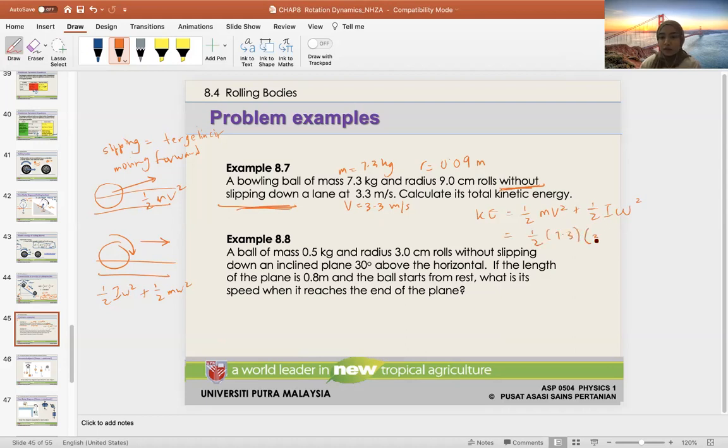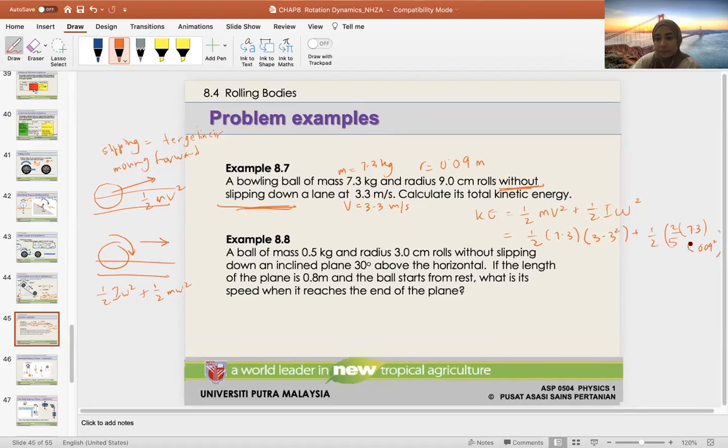So it's 1/2 m V squared, where V is 3.3 squared, plus 1/2 I omega squared. What is the I for a bowling ball? I believe it's 2/5 mr squared. Correct me if I'm wrong. So that's 2/5, M is 7.3, R is 0.09 squared.